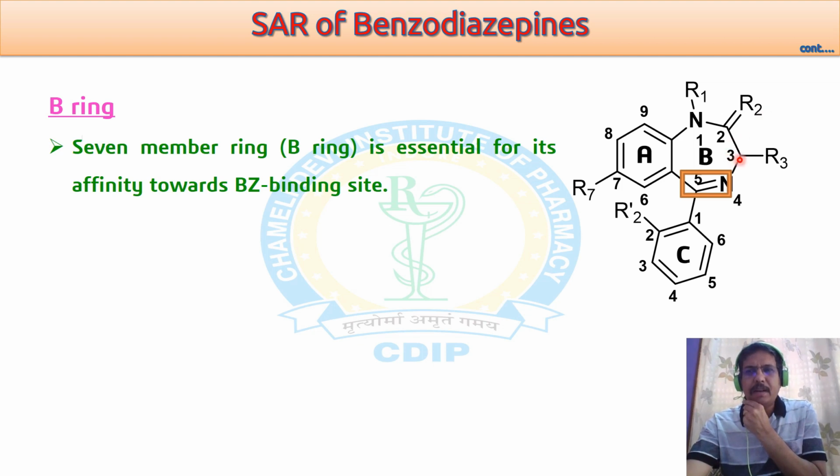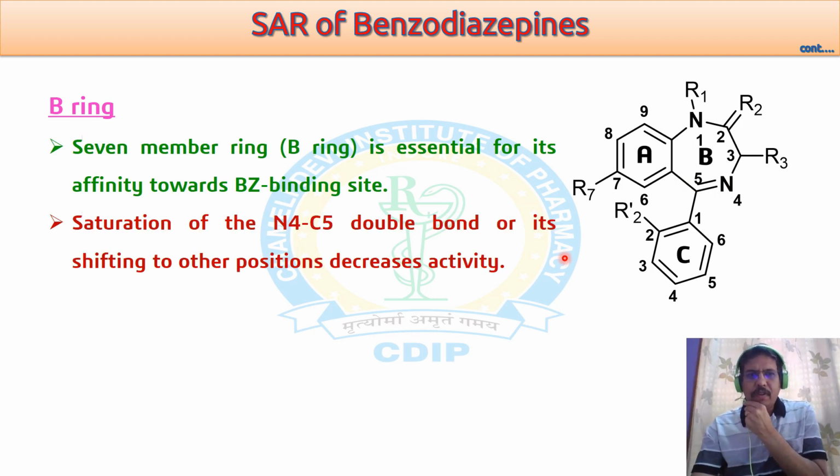Then the third carbon, the R3 position, we can change by means of a polar group or by means of some non-polar groups, as well as we can also go for modification on the double bonds. So we take one by one how we can change the double bond.